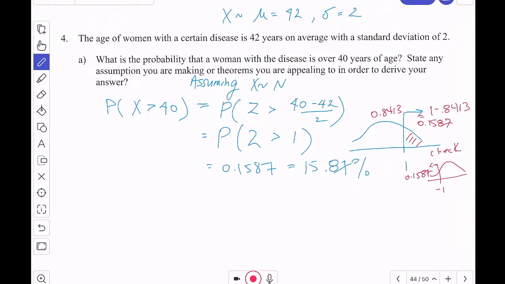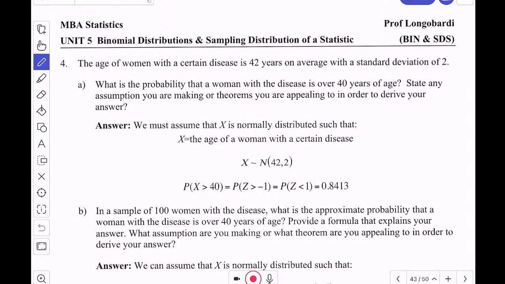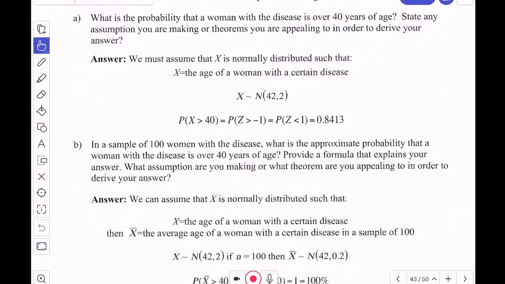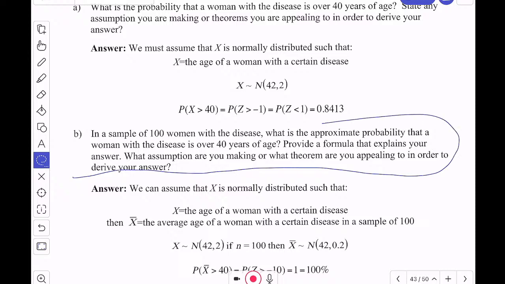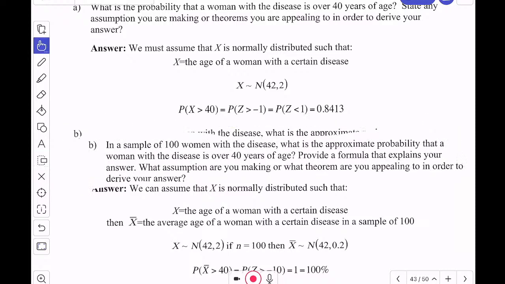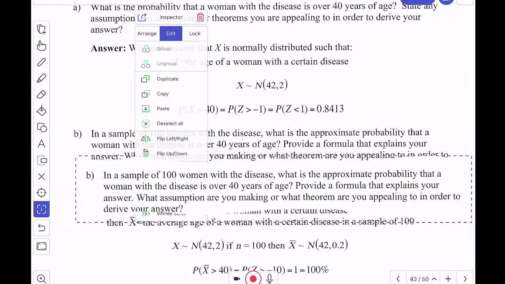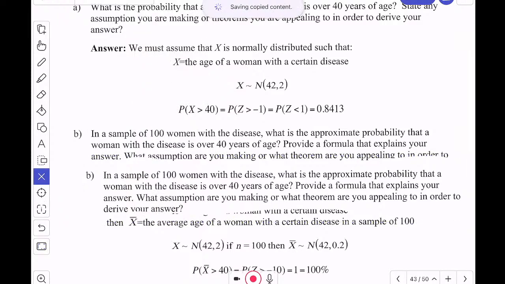So that's A. Is it okay? Let's look at B. It looks like there's a different answer here.